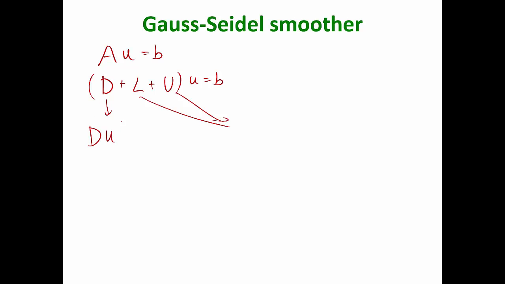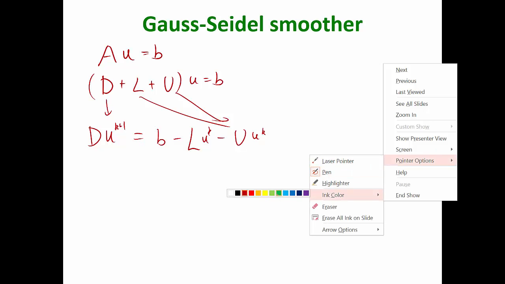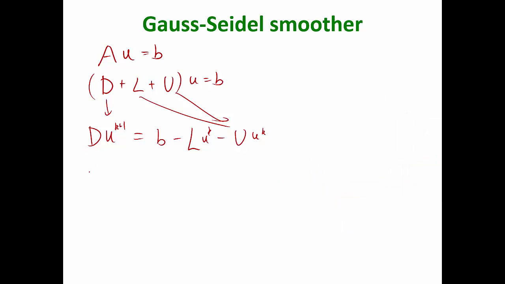We have D U of k plus 1 is equal to B minus L times U minus U times U, both at k. Gauss Seidel iteration is a small modification to this. It says, okay, I'm going to have both D and L on the left hand side, and only move U to the right hand side.